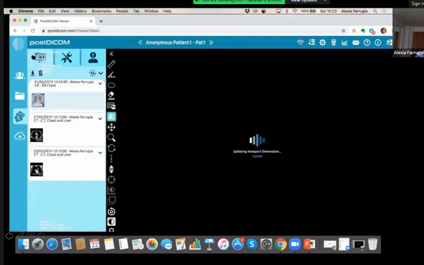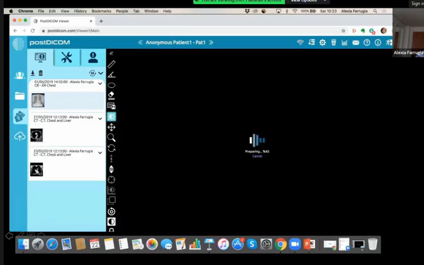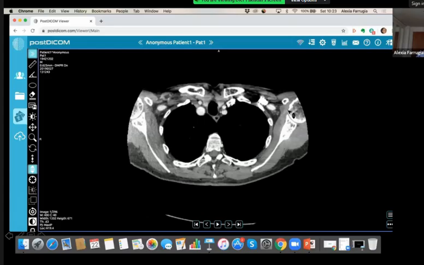Okay. So there's your CT. We'll start with some axial slices, and I want you to focus on the aorta. I will scroll for you. I will scroll through once, and then we will go through it again, focusing on the aorta. Sure.